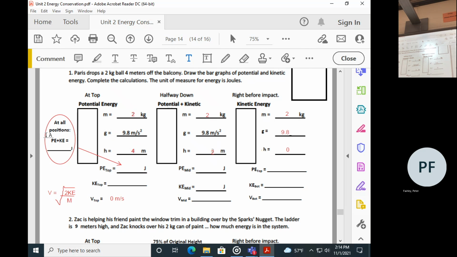Were you about 6.6? That looks right to me. It should be slightly less than 9.